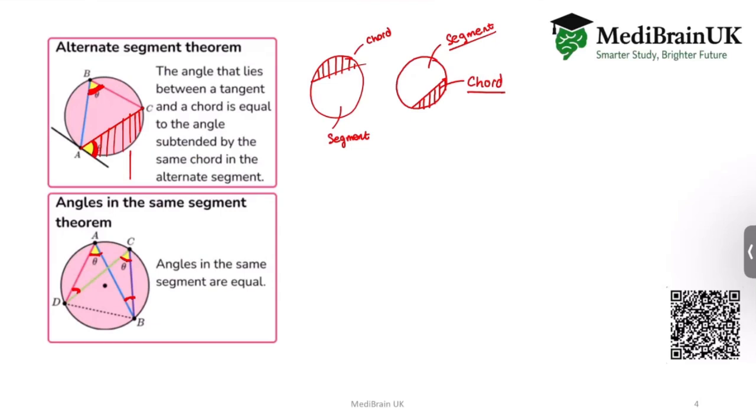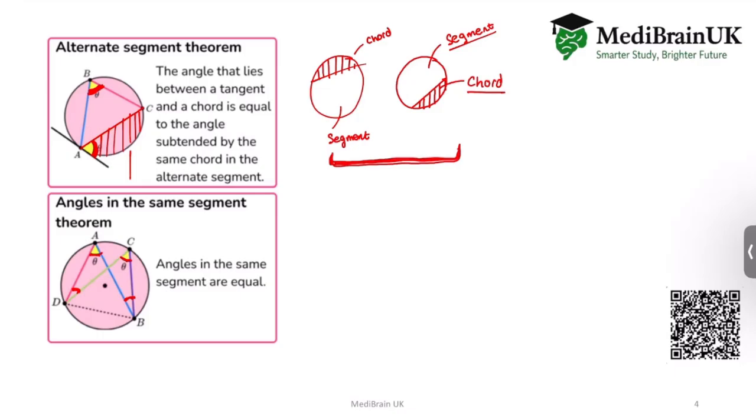These two rules are the ones which many people find difficult to explain and very difficult to notice with circle theorems. But the main aspect that you need to be familiar with is this over here. Understand what a segment is and what a chord is.